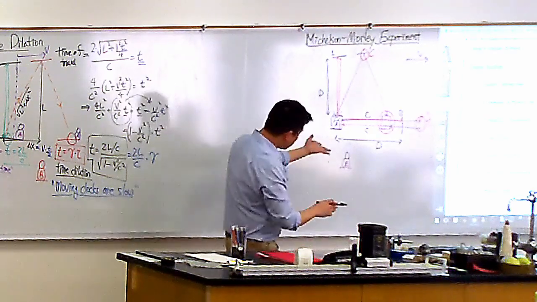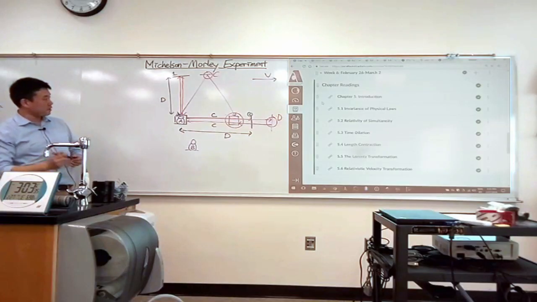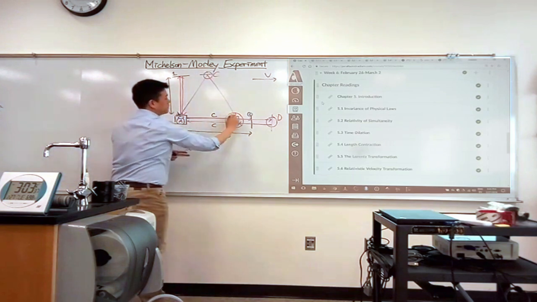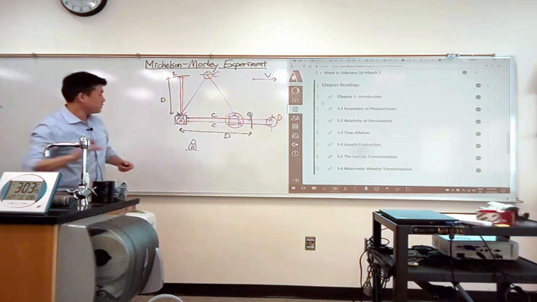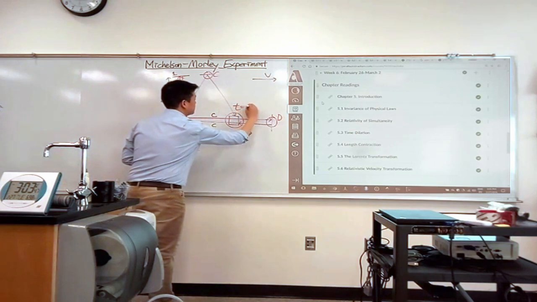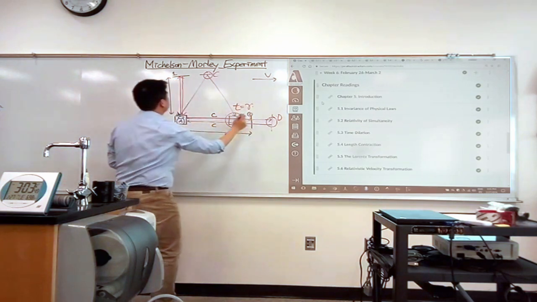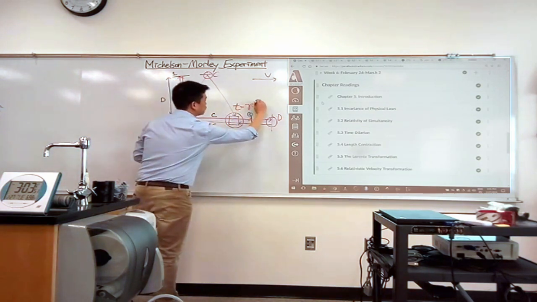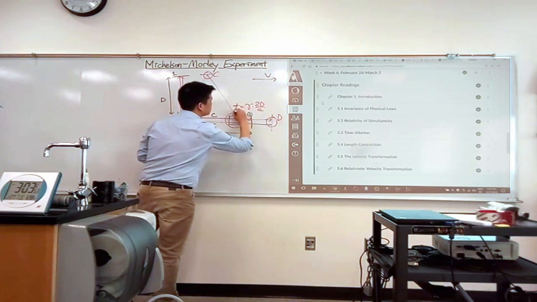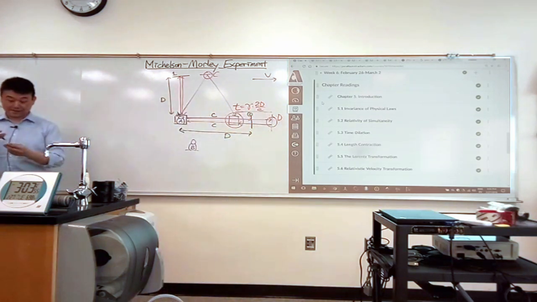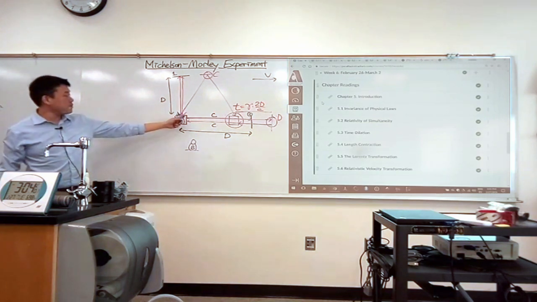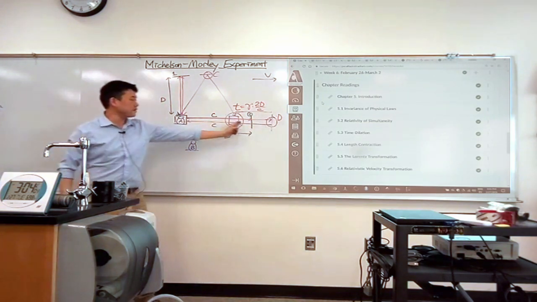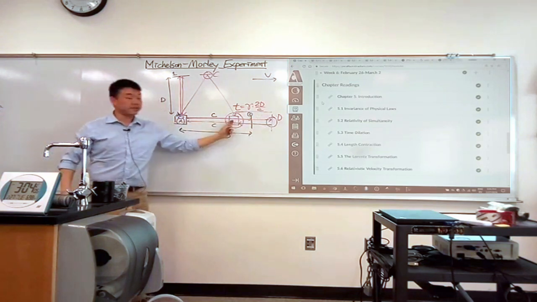So let me do the calculation. So I know the round trip time for this. Round trip time for the upper arm is T is equal to gamma times, call it 2D over c. That's what we did with the time dilation. That's kind of why we had to do the time dilation first. And let's try to figure out how much time this round trip should take.